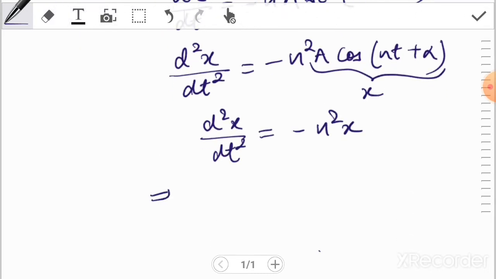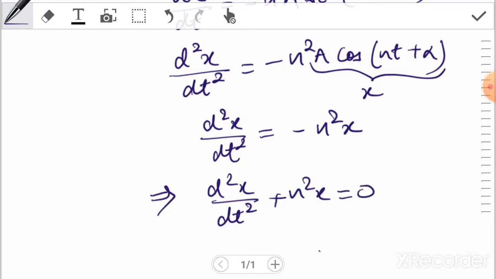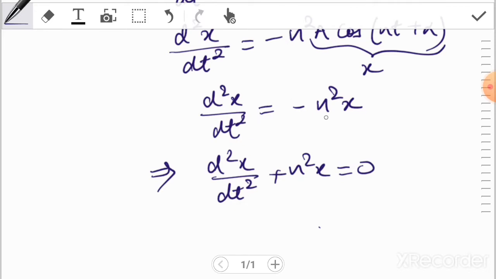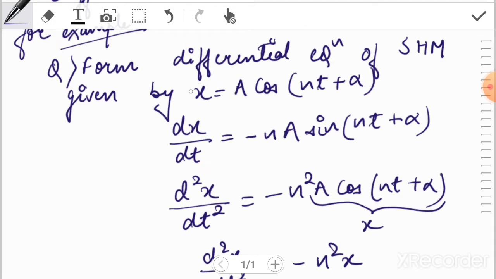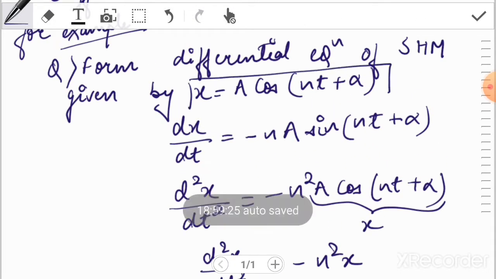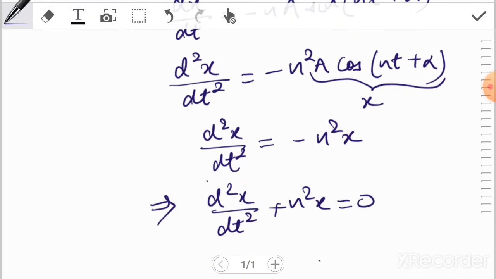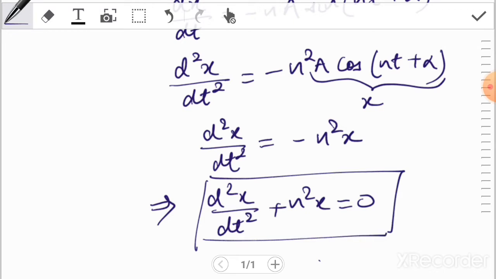Thus d square x by dt square plus n square x is equal to 0. So we can say that x is the solution of this differential equation, right?